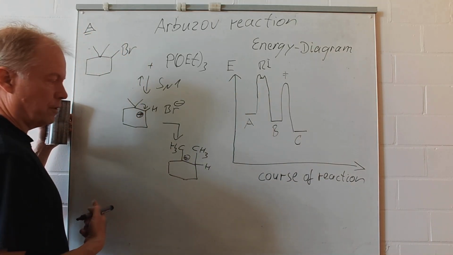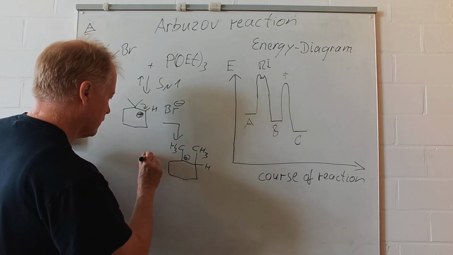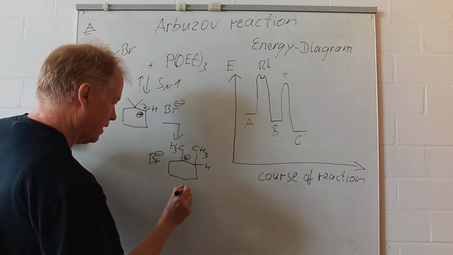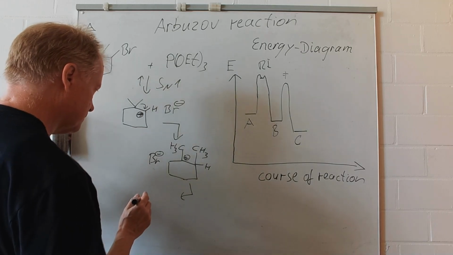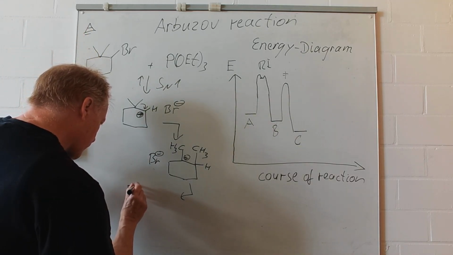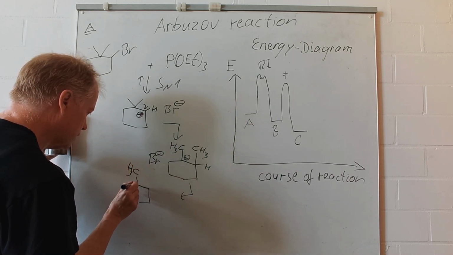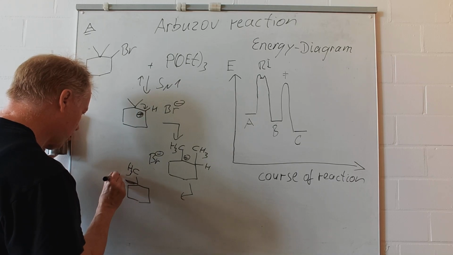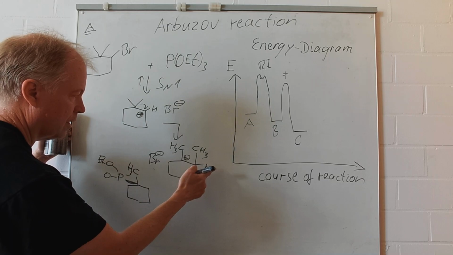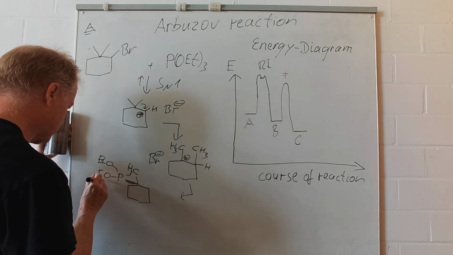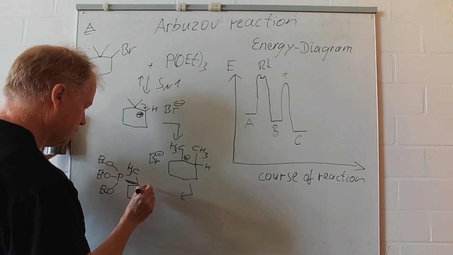And this tertiary carbocation can then be trapped by the triethyl phosphite. It will be attached to the same side as the hydrogen, because that side is sterically less hindered.